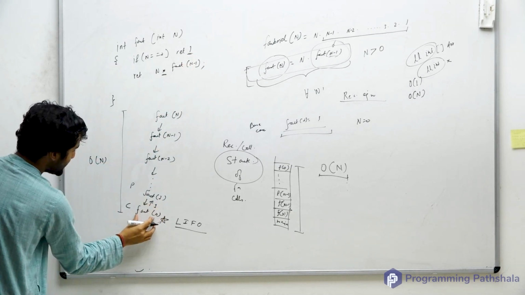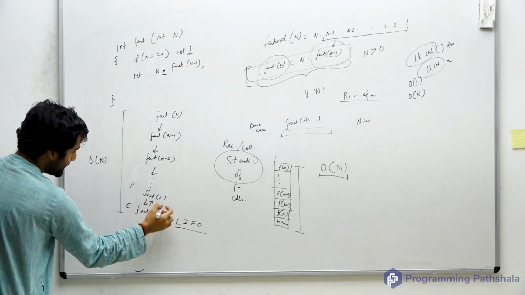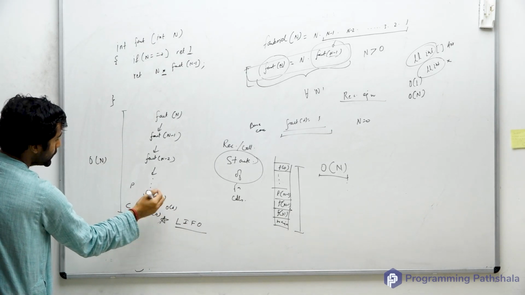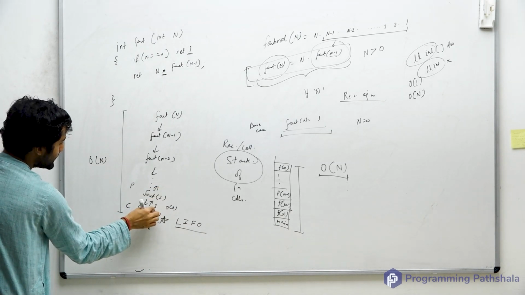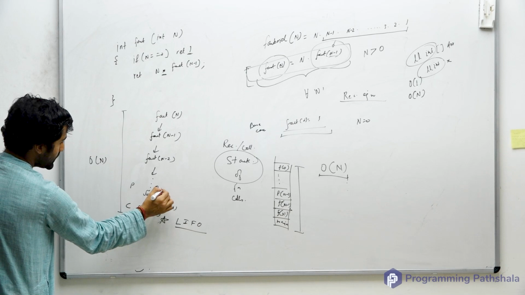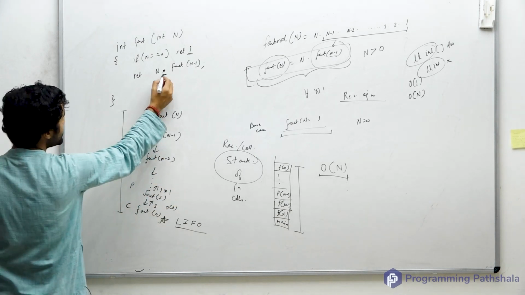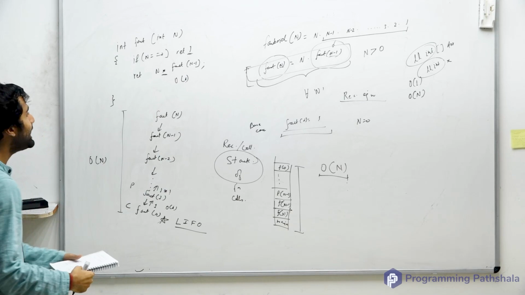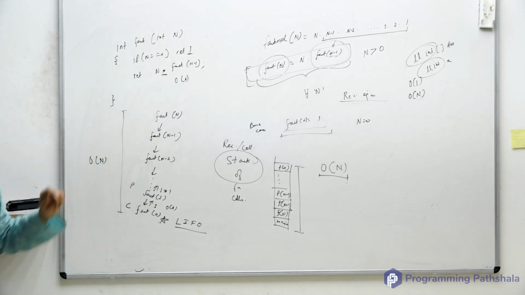So at this level you simply returned 1, and returning something is an order 1 operation. And now at any level, what will you do? You will simply multiply the result that you got from your child with a particular number. So there is just one constant multiplication, which is order 1. So at each level I can say that there is just an order 1 operation happening.